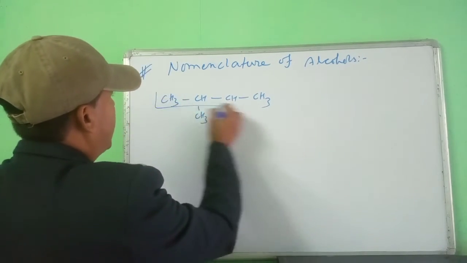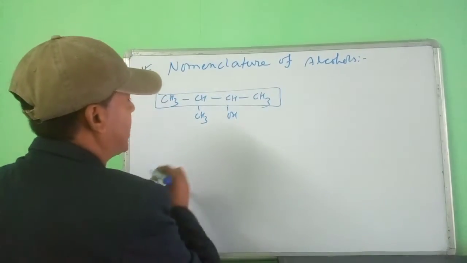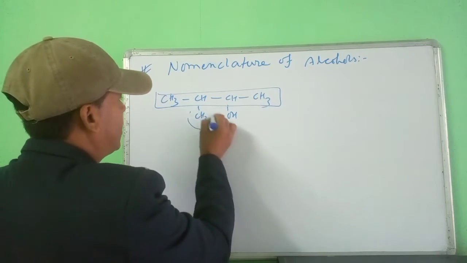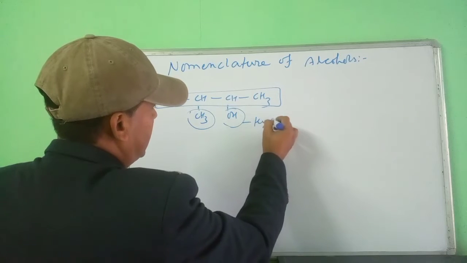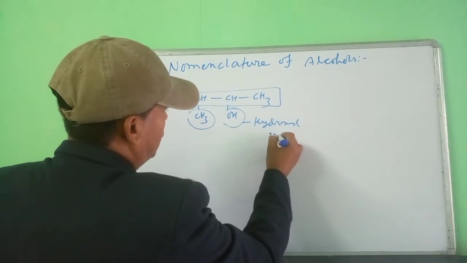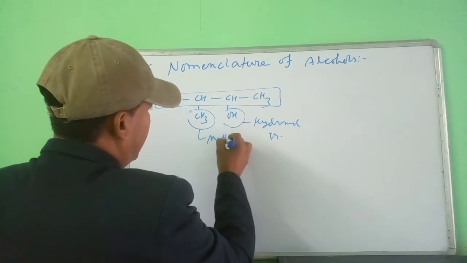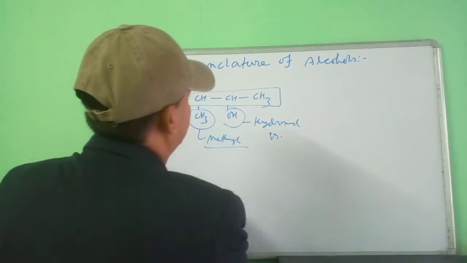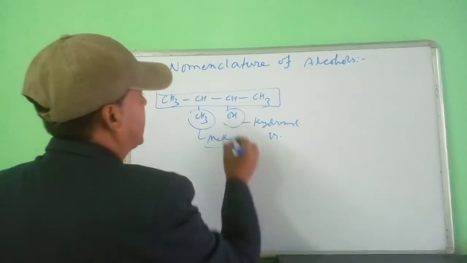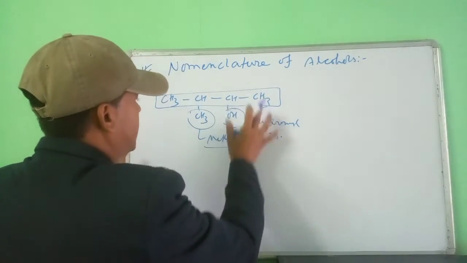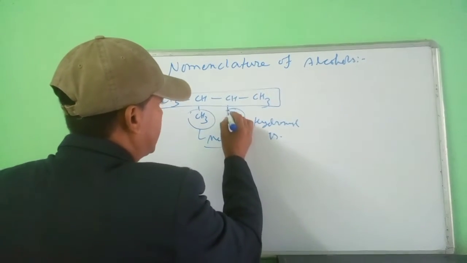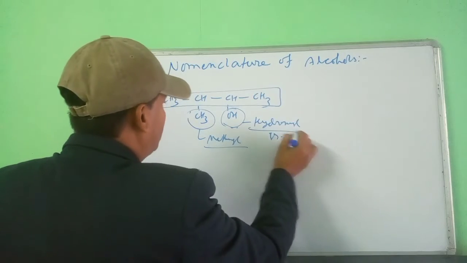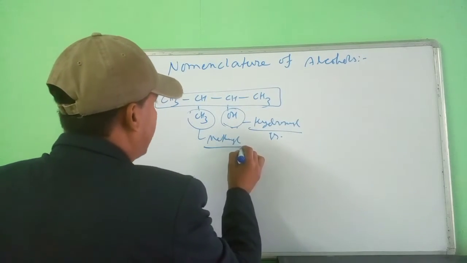First we have to select the longest chain. Now circle the substituents. This is the hydroxyl group, and methyl as a substituent. First step, select the longest chain, then identify the substituents. Here this is the functional group, and the other is the alkyl group.